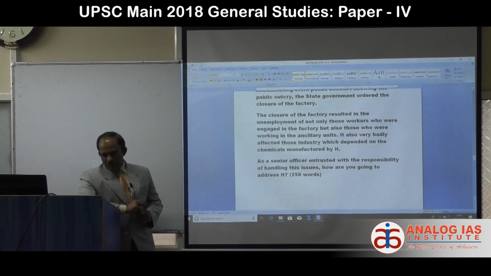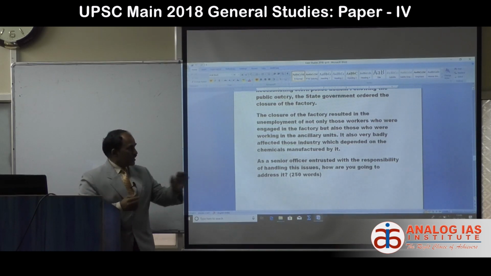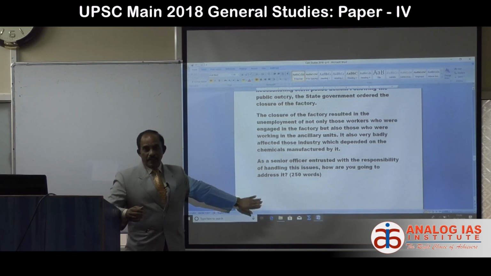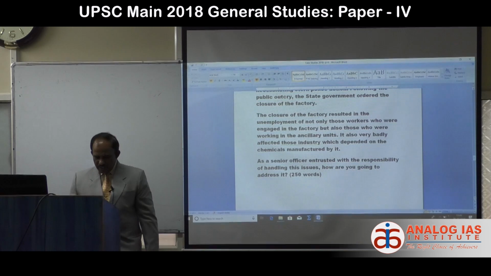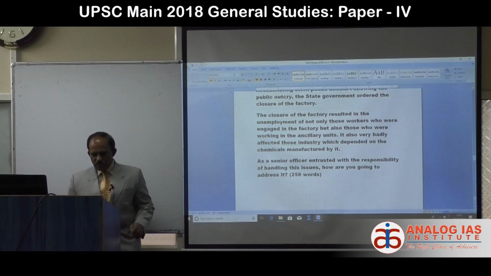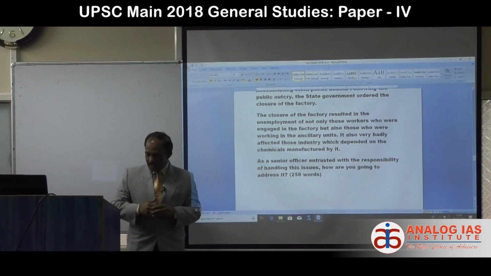So this is a very important area and the following can be recommended, or you can take the action like this. First thing is no sanction for the additional plant. So this has come with the additional plant.